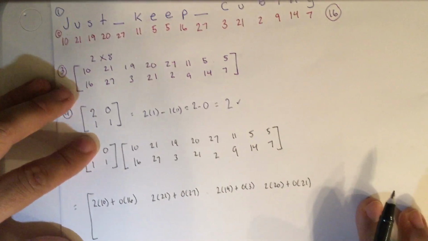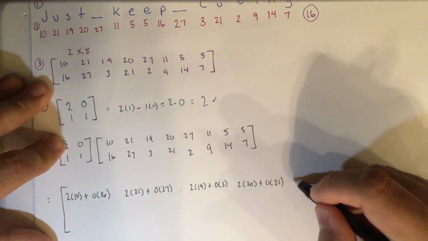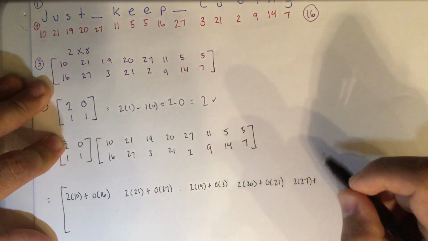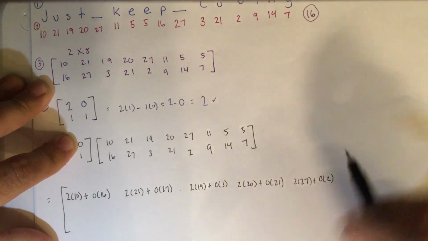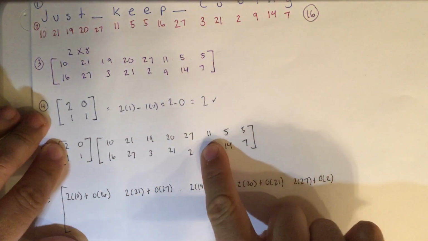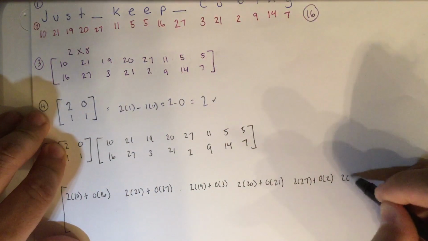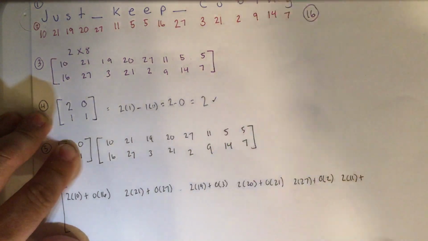All right, I'm going to have to make this a little bit smaller now because I'm running out of space. So 2 times 27 plus 0 times 2. Then 2 times 11 plus 0 times 9.